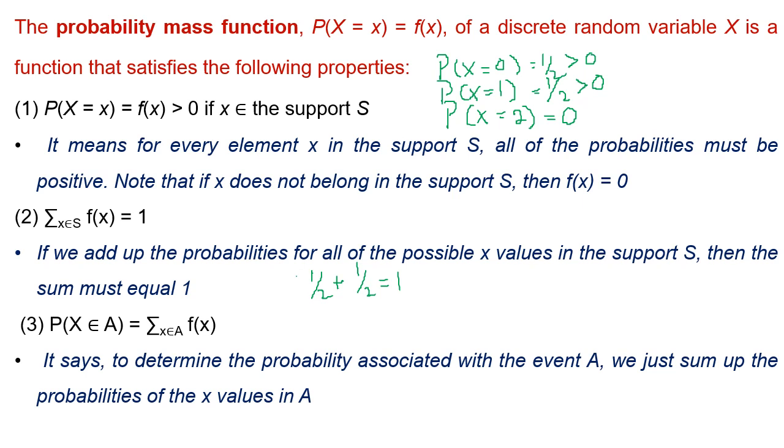Third property says that probability of X belonging to A is equal to summation of x belonging to A, f of x. To determine the probability associated with the event A, we need to just sum up the probabilities of the x values in A.